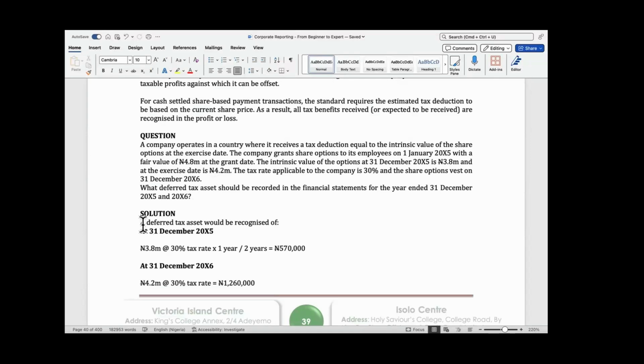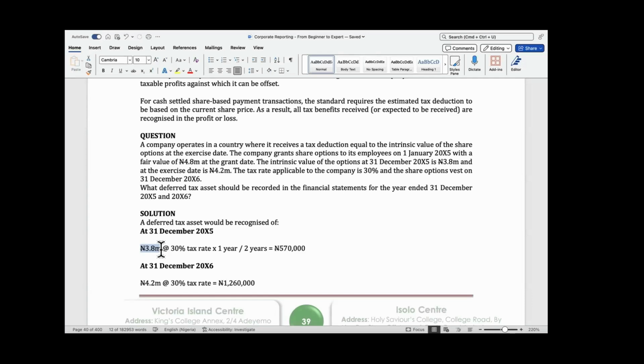So you see, the tax base is the intrinsic value at the end of the first year, which is 3.8 million. And because the carrying amount will be zero, this 3.8 million automatically becomes the deductible temporary difference.